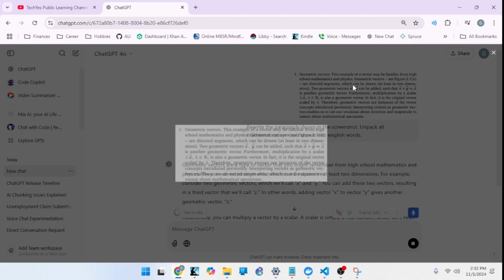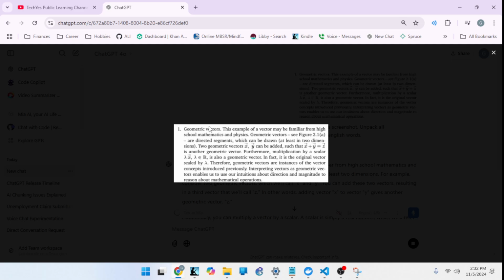So let's read the original one first. Originally it says: Geometric vectors. This example of a vector may be familiar from high school mathematics and physics. Geometric vectors are directed segments which can be drawn at least in 2 dimensions. 2 geometric vectors, and we'll have those unpacked in English, can be added such that, and we'll have that unpacked in English, is another geometric vector.